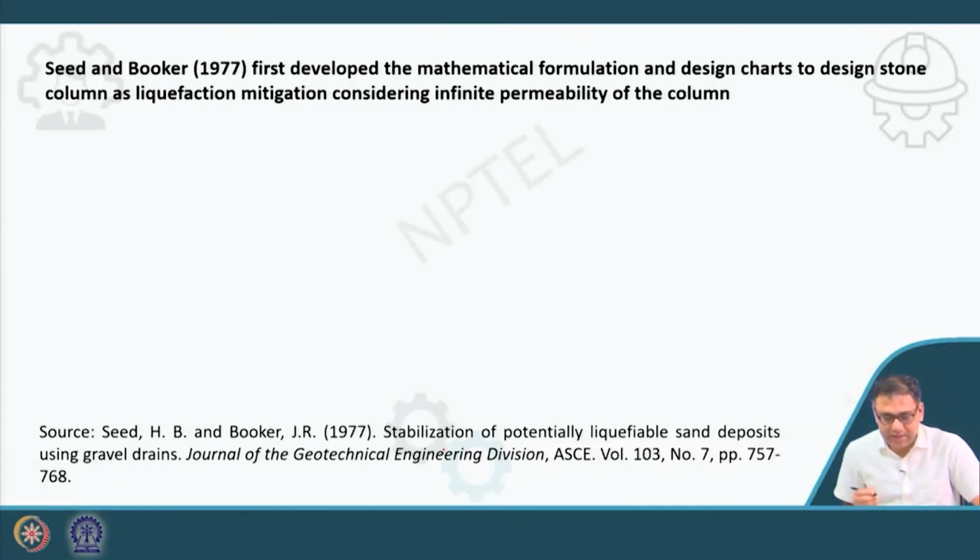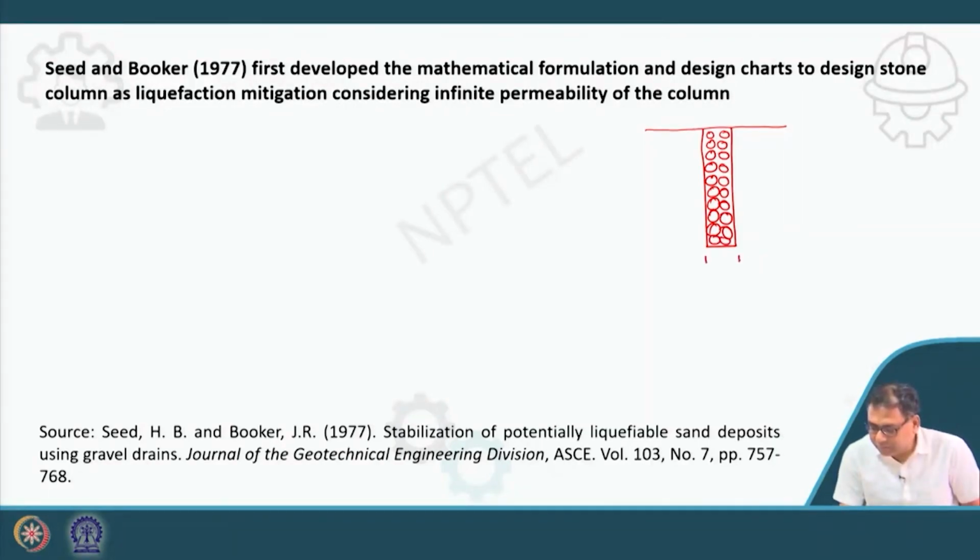So what he is saying is, if I draw the vertical cross section of the column, suppose this is the column.